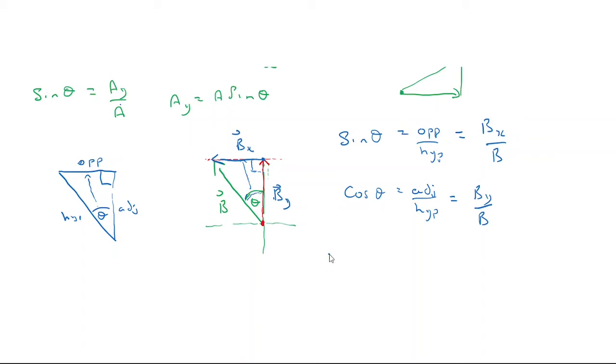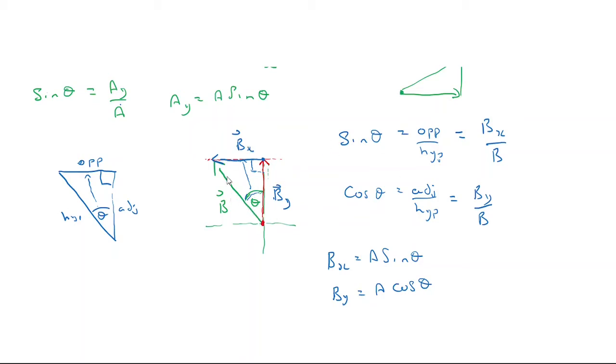So Bx is given by b sine of theta, and By is given by b cos of theta. So you don't cram. It's not all the time that the x component is going to be cos and the y component is going to be sine. It's not always the case. So this is how you can find the magnitude of that.